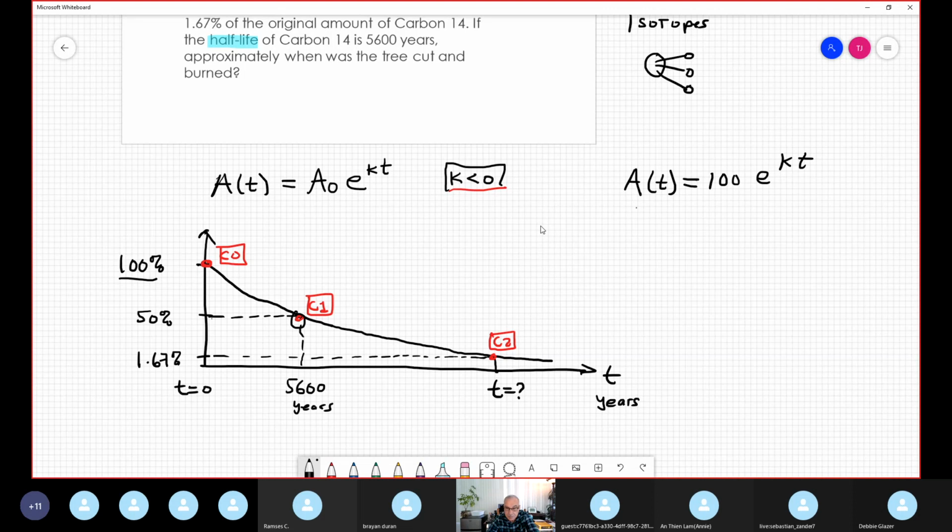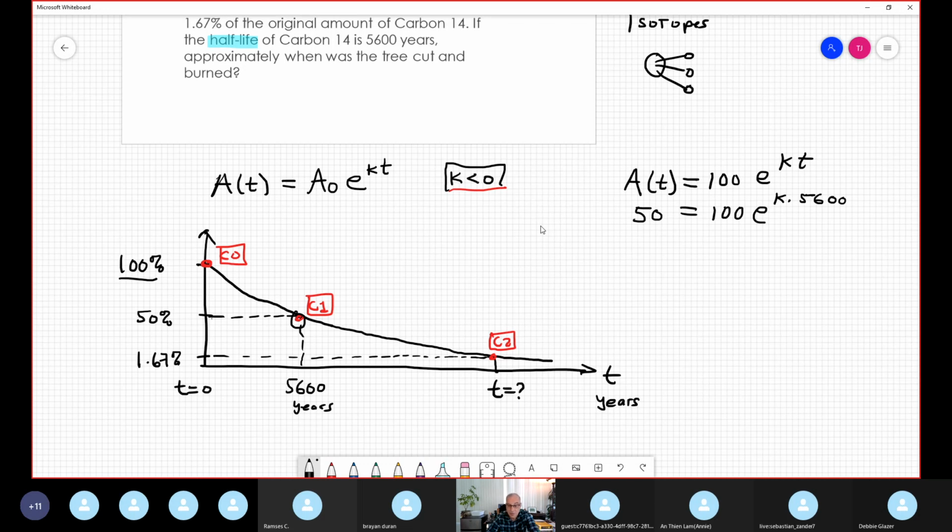We have 50%. It's 100 e to the K times the thing I don't know. But I know the half-life of carbon-14 is 5,600 years.